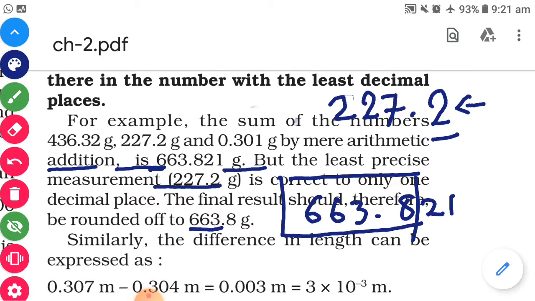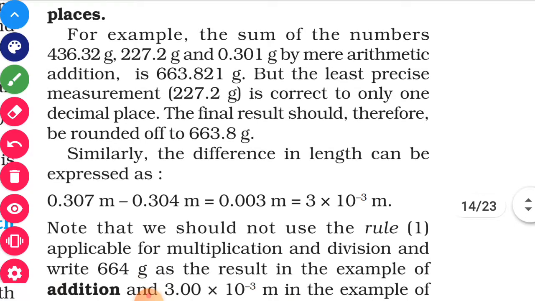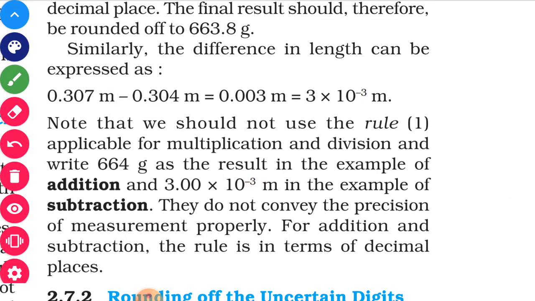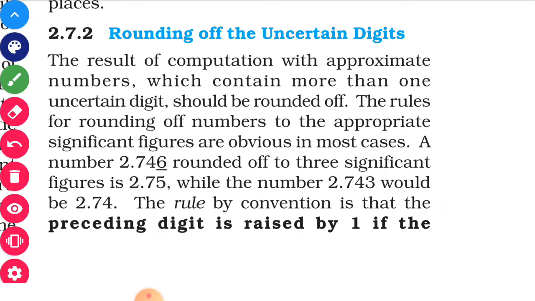Okay, similarly in the difference also you can use this rule that you have to report the answer up to least number of decimal points, least number after the decimal points. Okay, now rounding off the uncertain number, that also we have discussed, or rather we know. Okay, the rules are to be just followed.